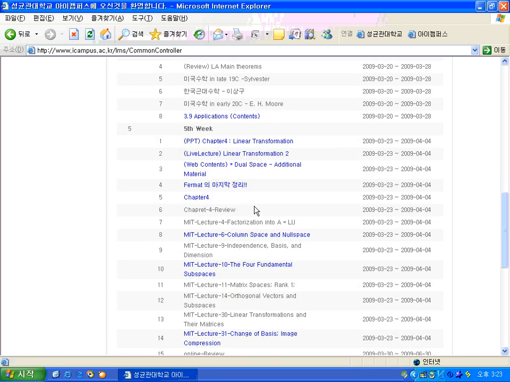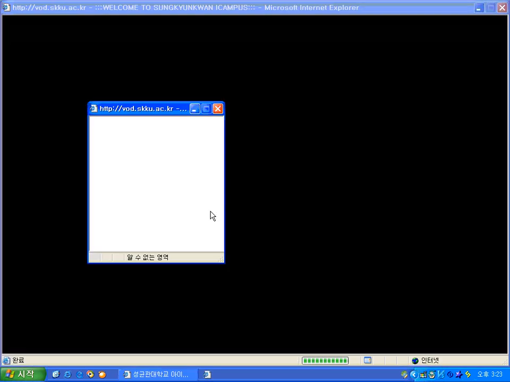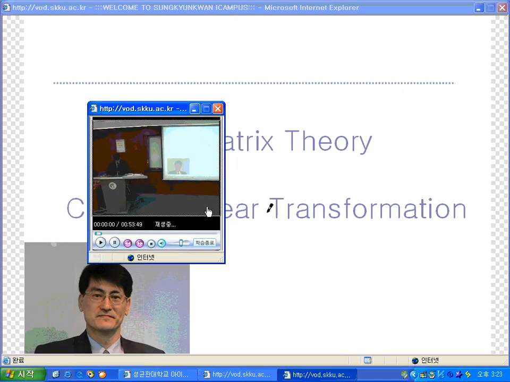I also added some reading materials here, and this shows the review of chapter 4 on linear transformation after the whole lectures.